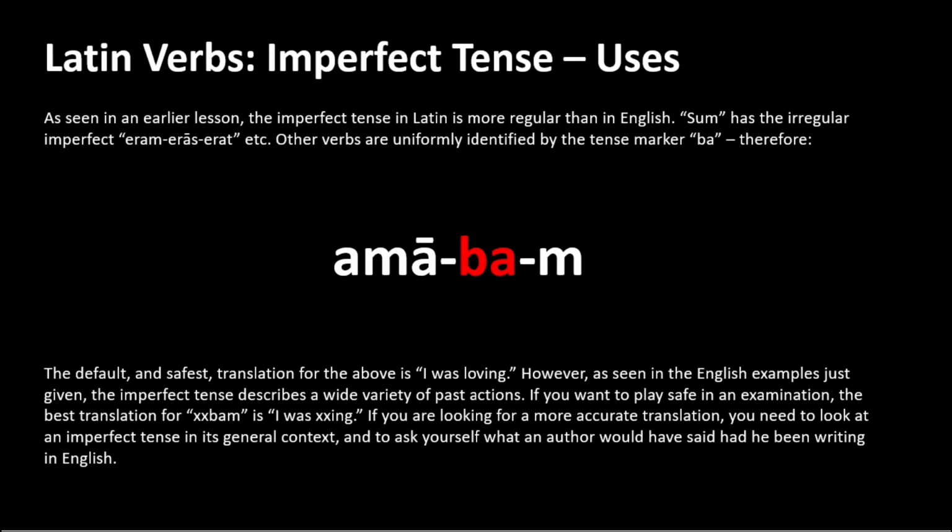This being said, if you take yourself back to the examples of the imperfect tense in English that I've just given, you can see that there are many possible forms in English into which you can translate a Latin imperfect verb. If you want a more accurate translation of amabam, you need to ask yourself what an author would have said had he been writing in English.